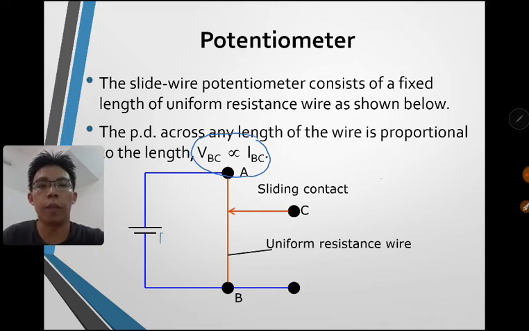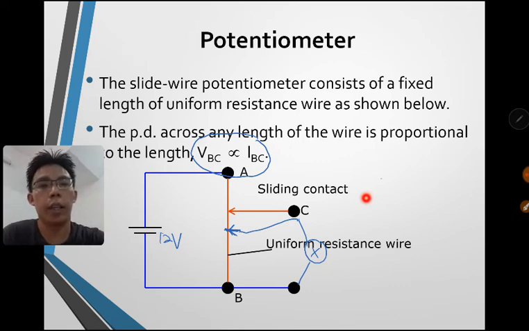We have 12 volts here, and for your lamp you want 6 volts. Logically, it makes sense that you divide the length of the wire into 2 and connect the contact in the middle. That makes sense.